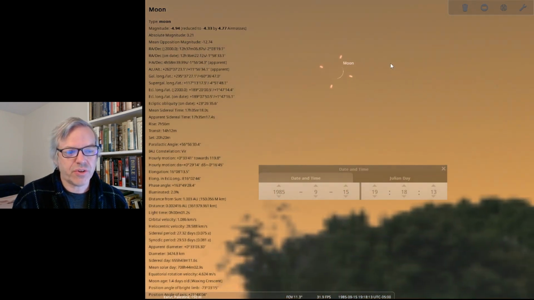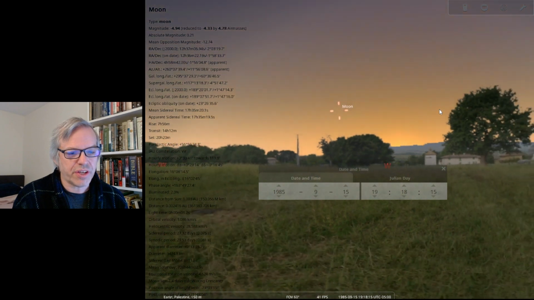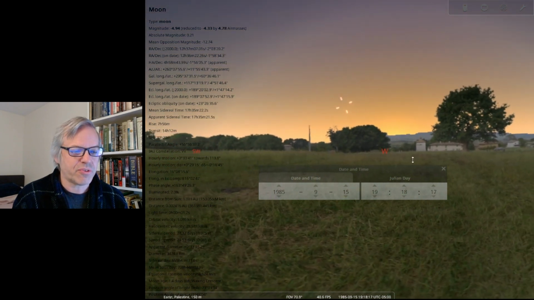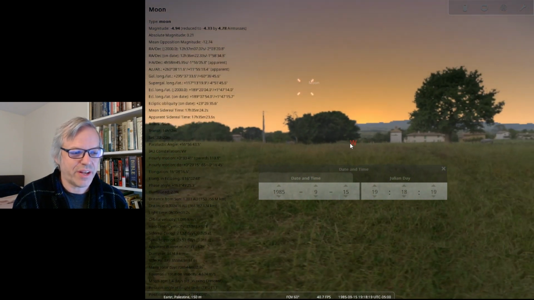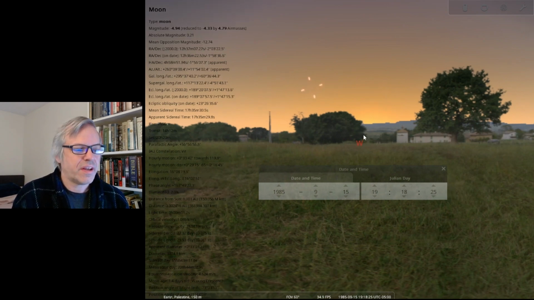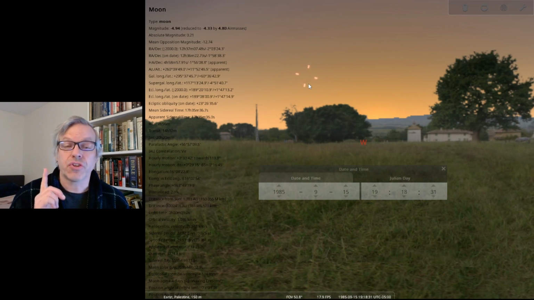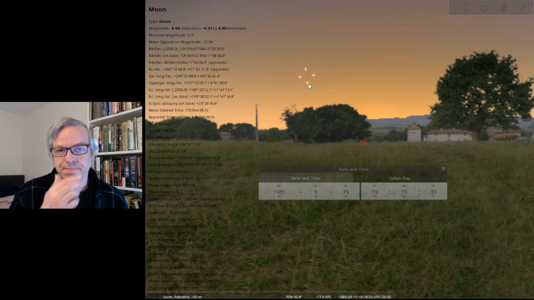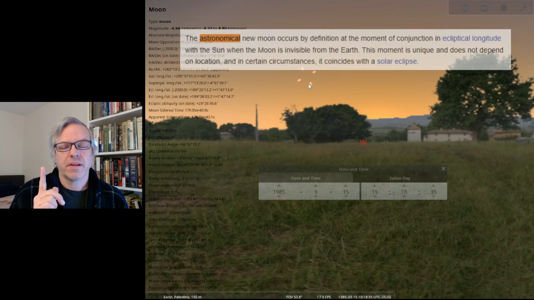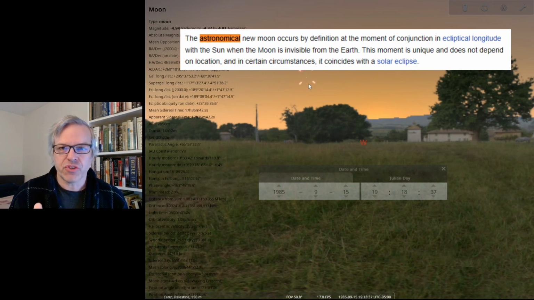If we're looking toward the west, David, right here is a big W, the sun has just set in the evening, and the moon is very close to the horizon. The reason is that we've just had what's called an astronomical new moon, when the moon lines up the closest with the sun.